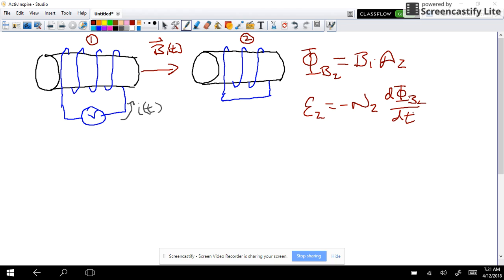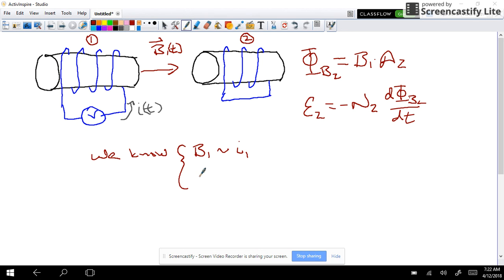Now, some things that we know. We know, for example, that the magnetic field generated by coil 1 is proportional to the current in coil 1.